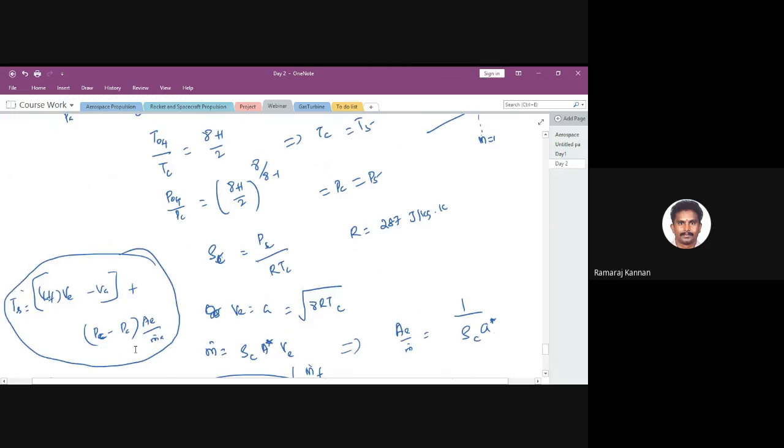What I did is I took the example problem available in Cohen and Rogers, and solved it completely for your own understanding. I added whatever necessary information was required and gave that to you.